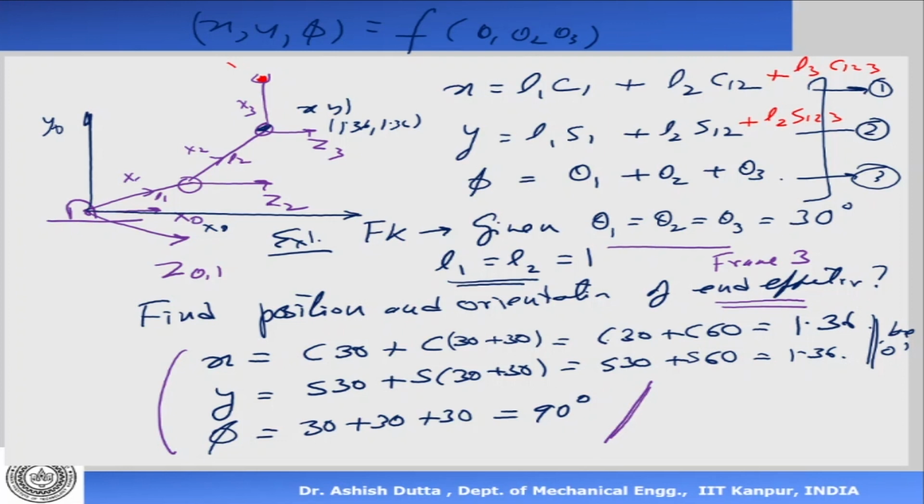That's not a problem. Exactly one more term will get added on there. So this is basically what we call the forward kinematics, and this is giving me the position and orientation of the third frame with respect to the 0 frame.